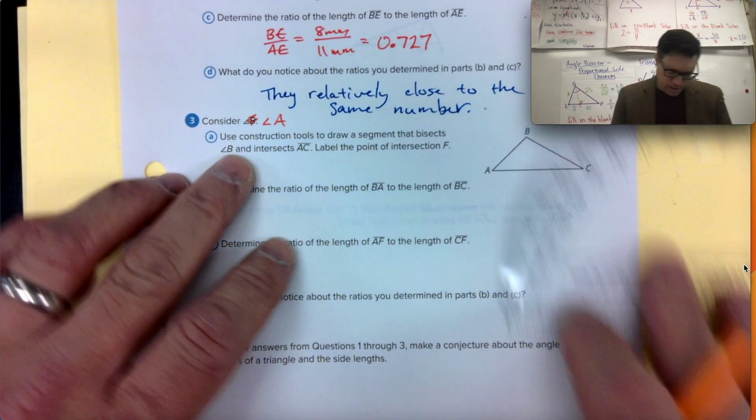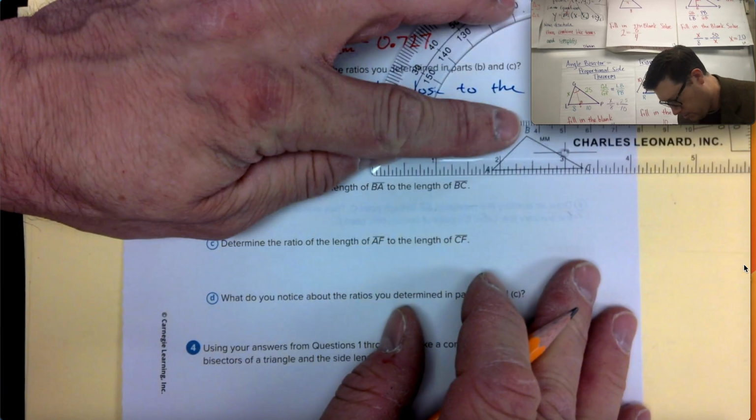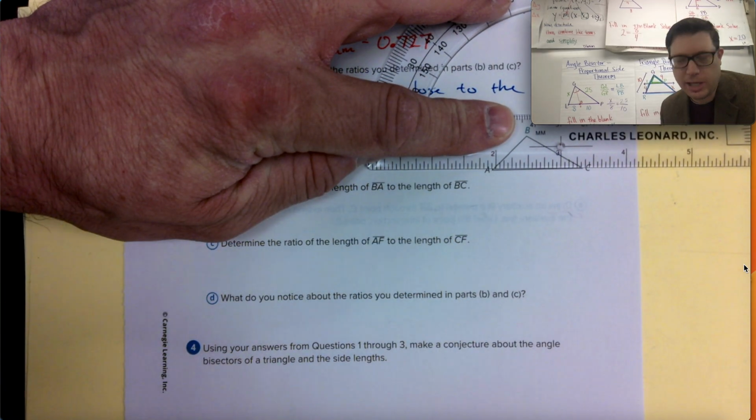Okay, so this is an angle bisector. Need to draw. I might talk a little bit. I'm sorry, I'm not trying to talk, though.